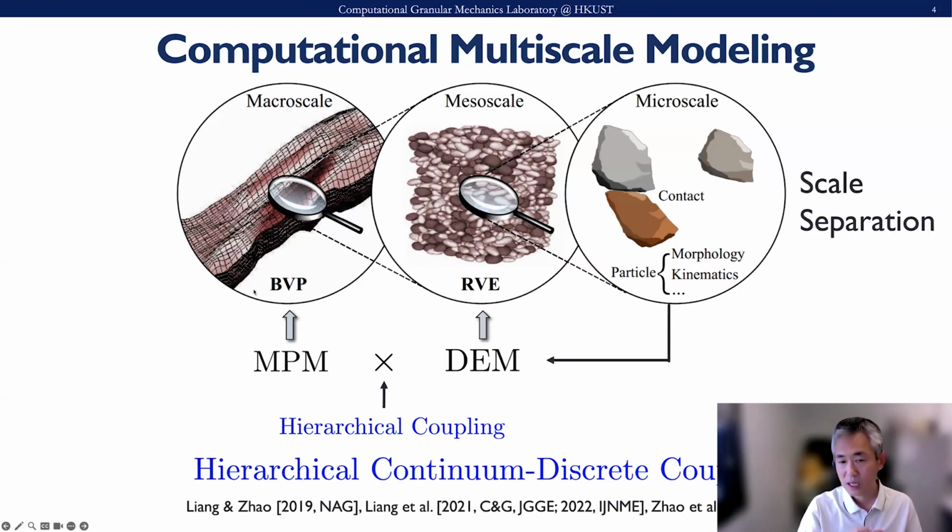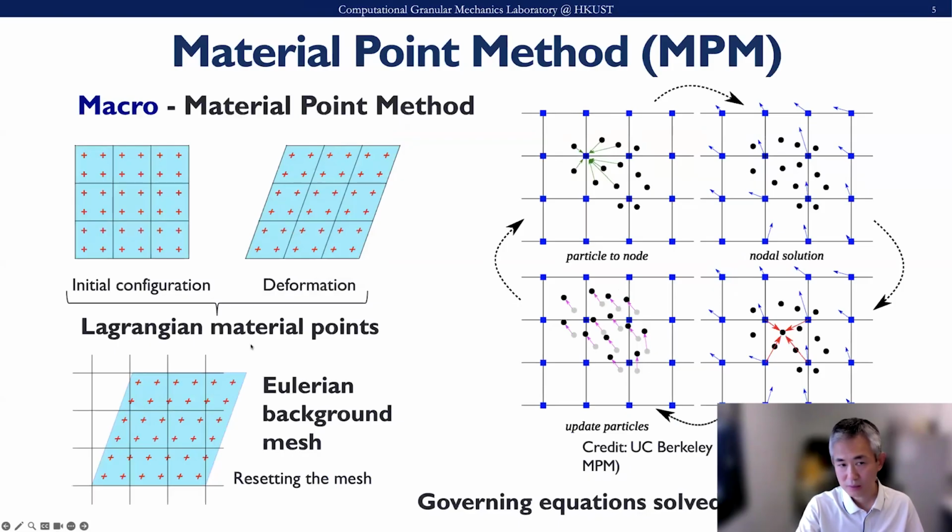And so the coupling philosophy is still according to this hierarchical manner. For each material point, a quick introduction: what is the material point? The material point method is different from the mesh-based finite element method.